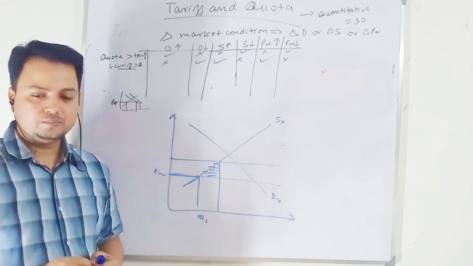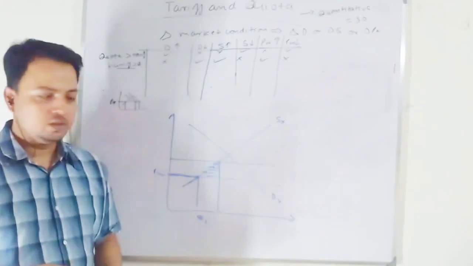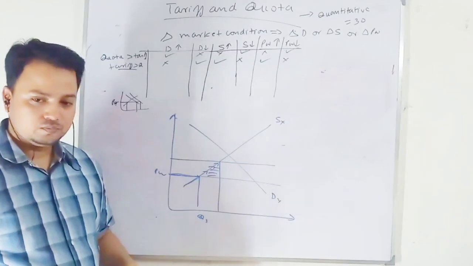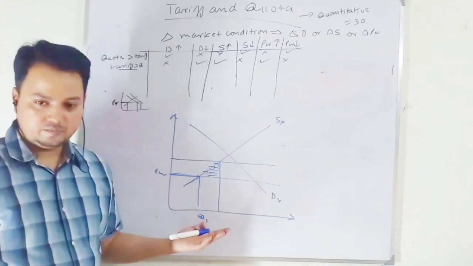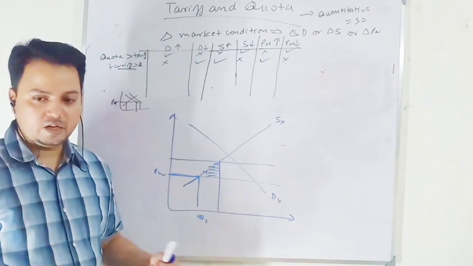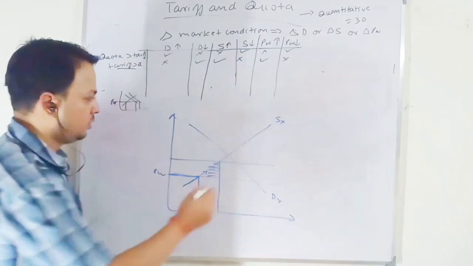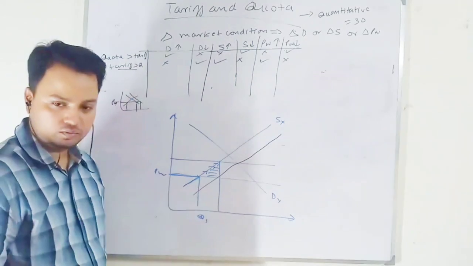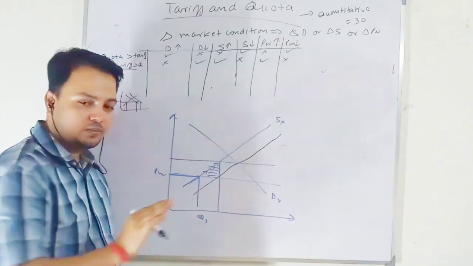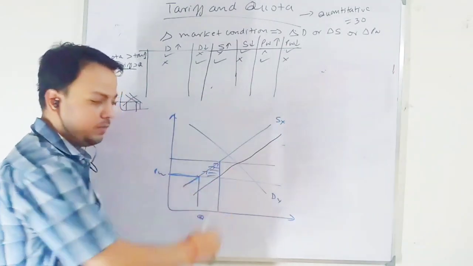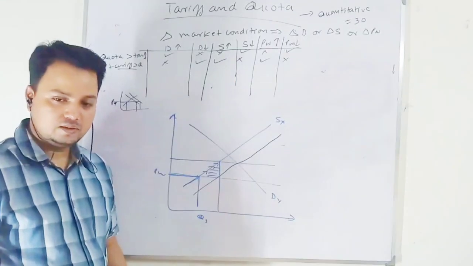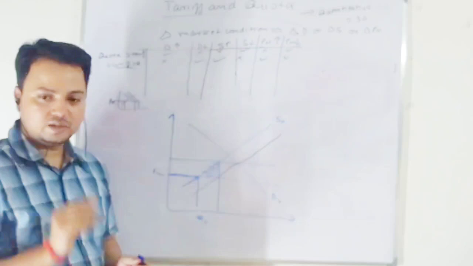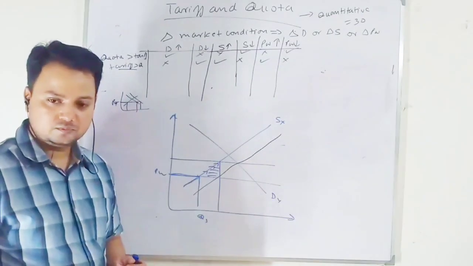But look at it in a dynamic framework. Suppose these firms are able to get productive efficiency, that means they are able to reduce the cost and increase supply, produce more. So they are able to meet the import requirement, but at the same time you have a cost in terms of loss in consumer welfare.